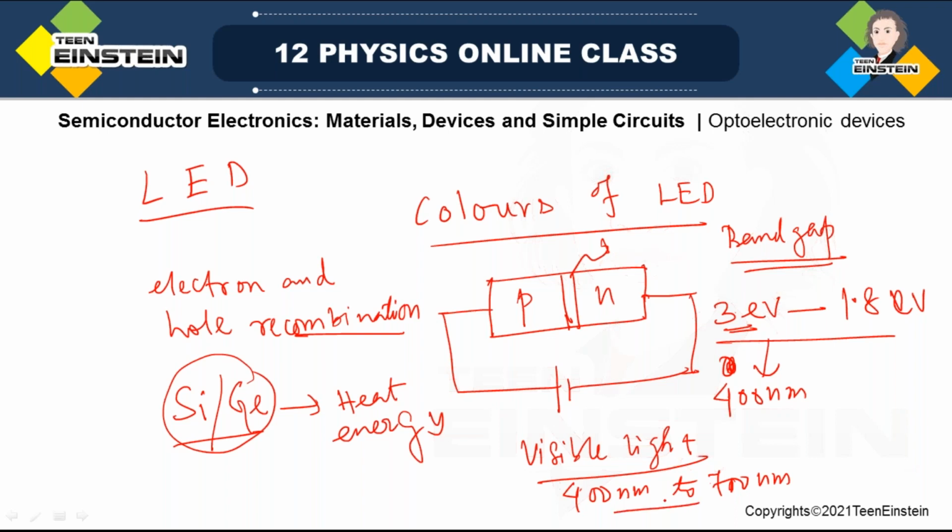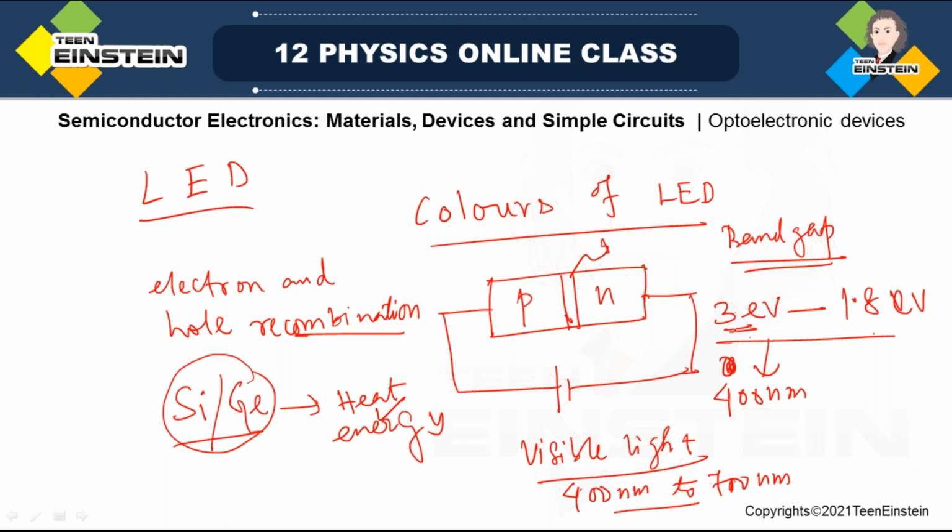If the wavelength of the electromagnetic radiation is in this range, it is called visible light. Now, whether a junction diode will heat up or emit visible light depends on the band gap you have for this diode.